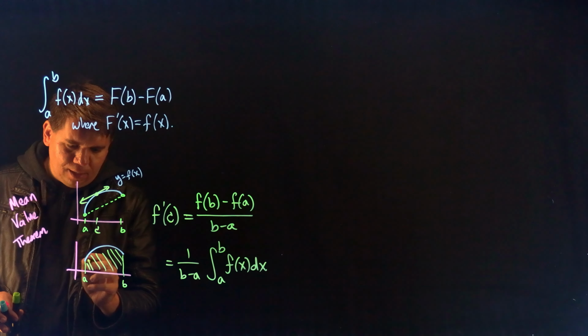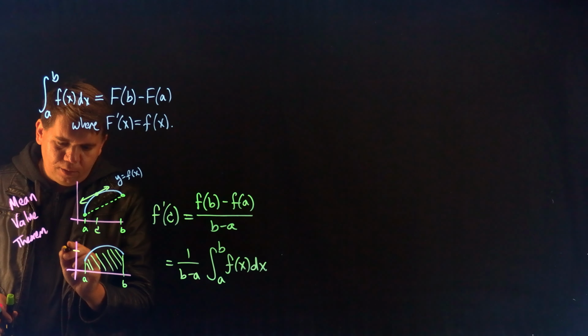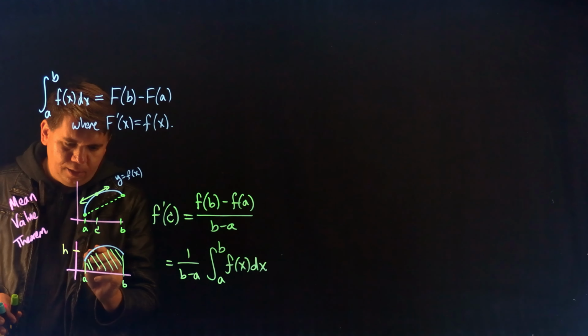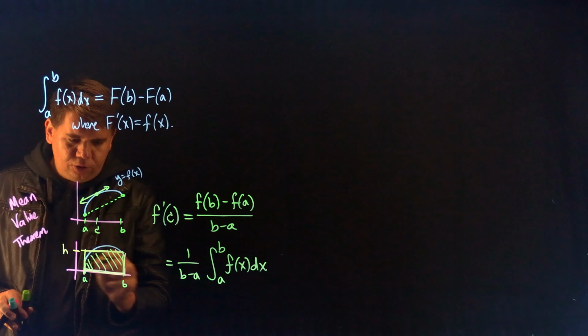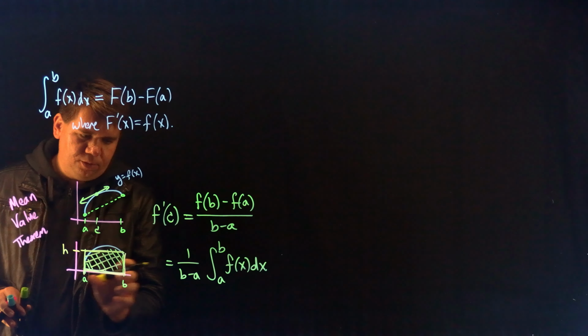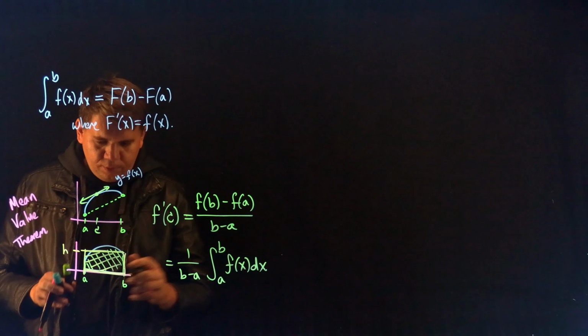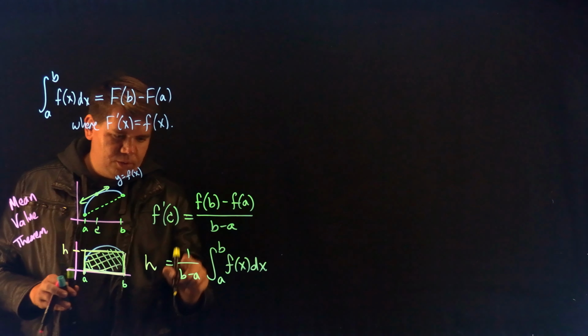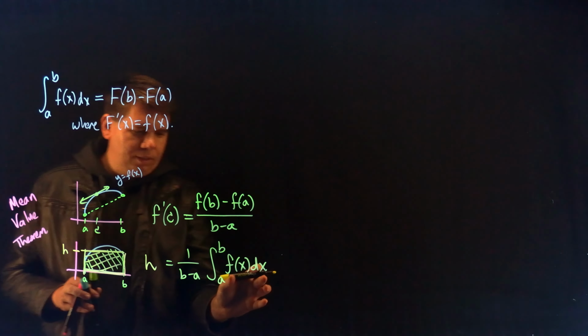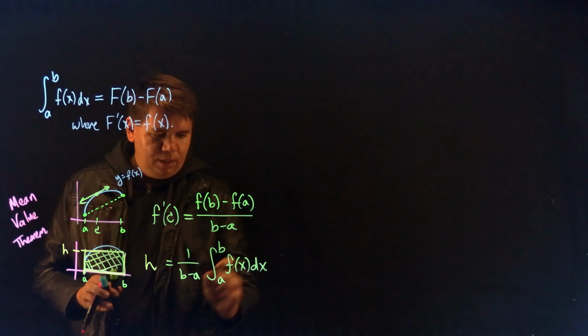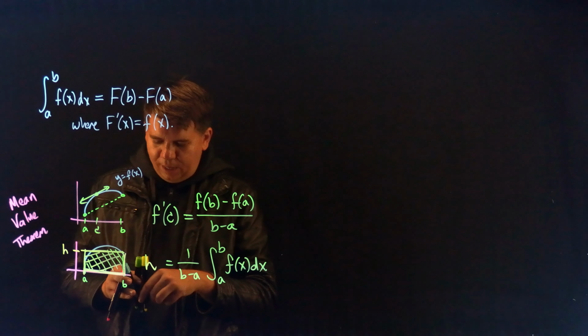So there's some special height here. Not the highest height, not the lowest, somewhere in the middle, some special height h, some average height h, such that h times the width b minus a would come out to give you the same as the area under the graph of f of x.